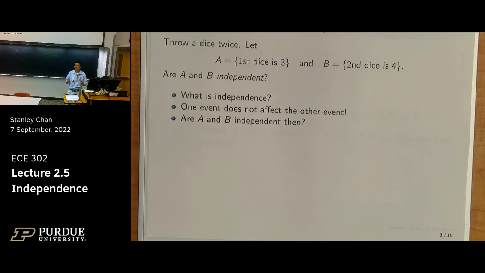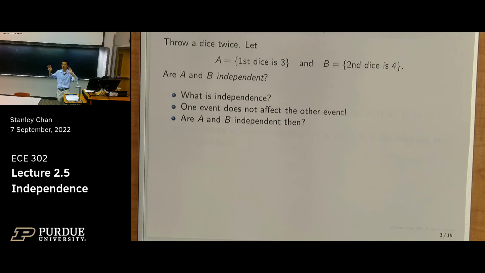Of course, I haven't defined this notion of independence, but we can always try to associate this concept with our daily experience. You throw the first die, you throw the second die. The first die is not going to interfere with the second die. The second die is not going to interfere with the first die. They're just separate. They're not interfering with each other. Yeah, they're independent events. They're not going to interact with each other.